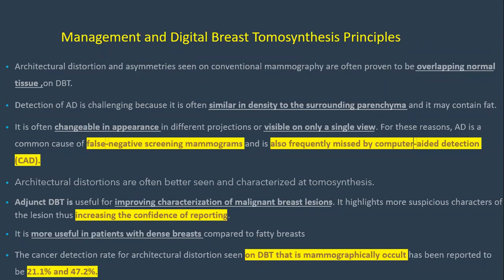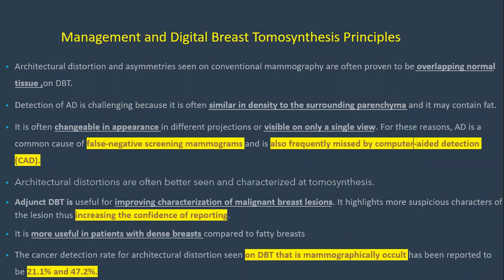And as you know, architectural distortion is challenging because sometimes it might have similar density to the surrounding parenchyma and it might contain fat. But still, as we described before, cancer can appear like this, especially lobular carcinoma. Okay, but also, as we have seen now, a lot of examples of invasive cancer appear as architectural distortion on the 2D due to overlapping structures.